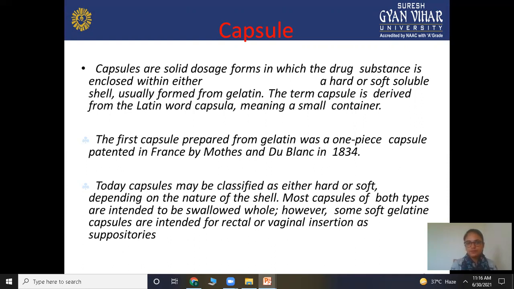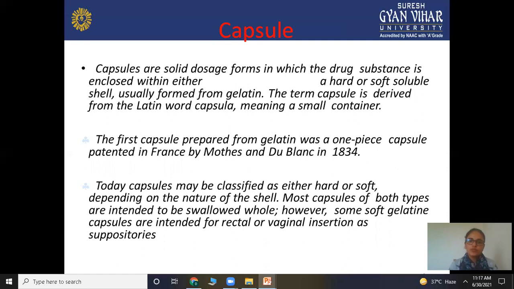The term capsule is derived from the Latin word capsula, meaning a small container. If you see a capsule, you can easily identify that it looks like a small container containing the medicament, and the shell is made from gelatin.